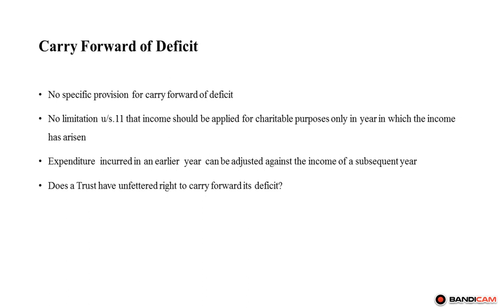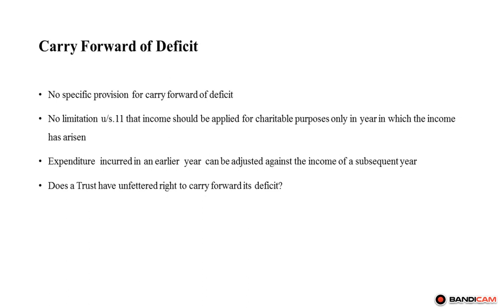Carry forward of deficit, so no specific provision for carry forward of deficit is given. Okay, then no limitation under section 11 that income should be applied for charitable purpose only in the year in which the income has arisen. So no specific limitation is given under section 11 for utilization of income of the charitable organization for the charity purpose in the current year.